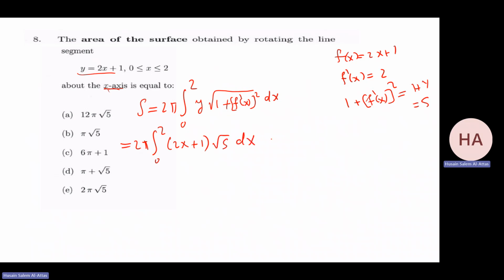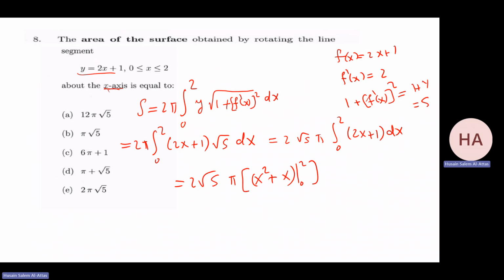So this square root of 5 will be out. I have 2 pi square root of 5 times the integral of 2x plus 1 dx. That will be 2 pi square root of 5 times x squared plus x from 0 to 2. That will be 4 plus 2, 6. So that will be 12 pi square root of 5.